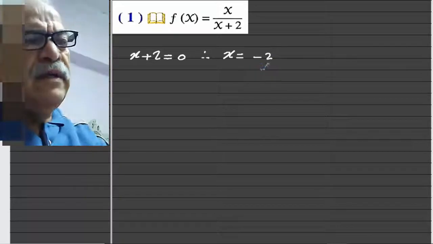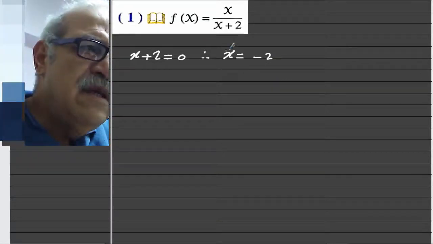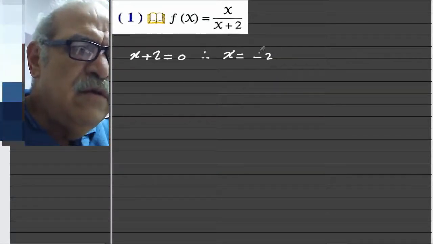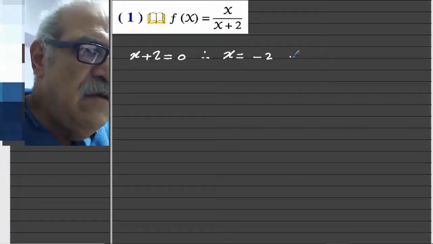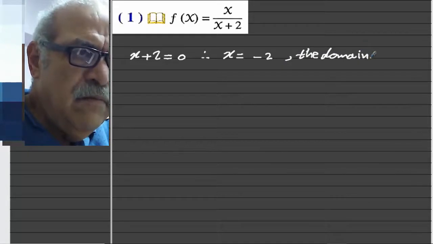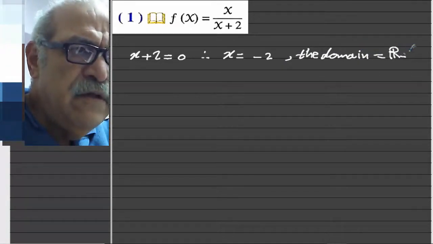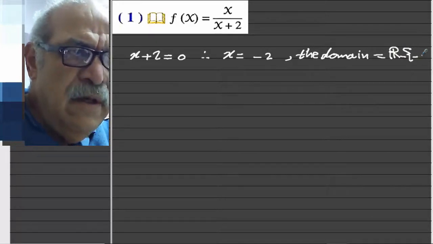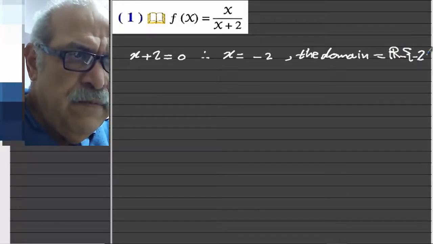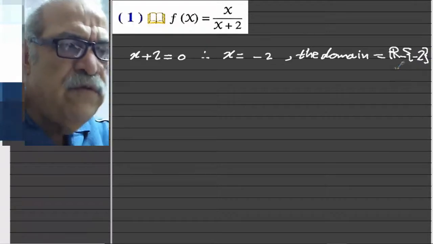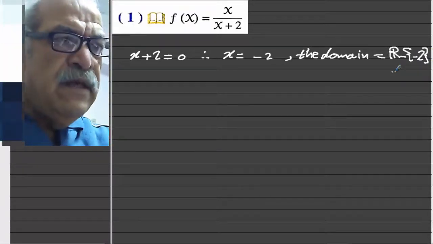So negative 2 makes the denominator equals 0. So you can say that the domain of f equals R difference negative 2. So the number negative 2 is out of the domain.